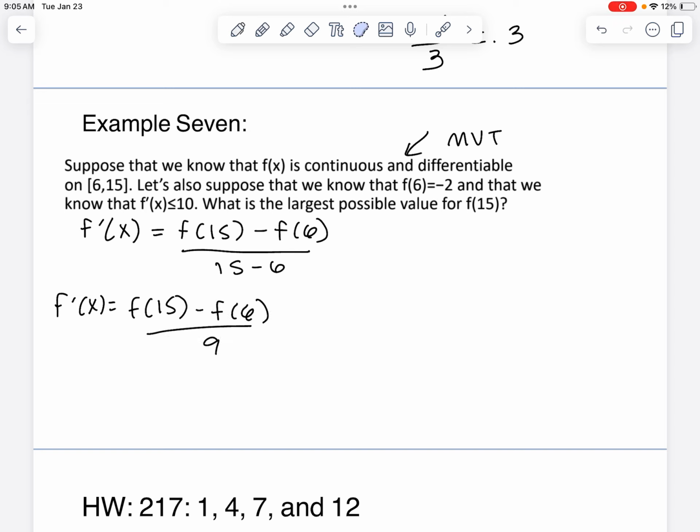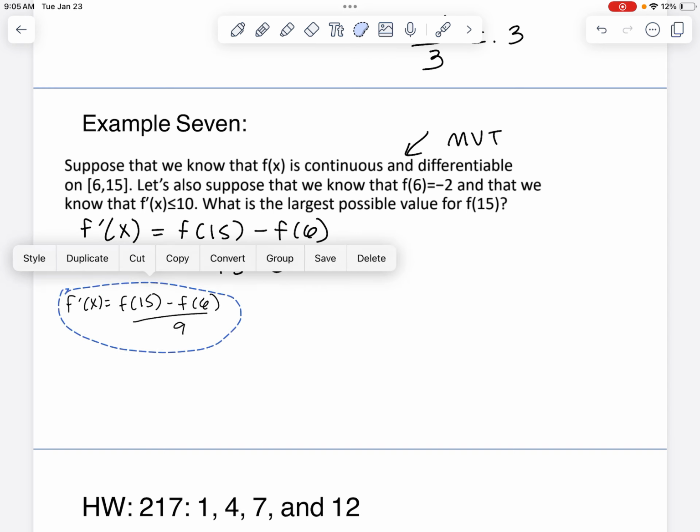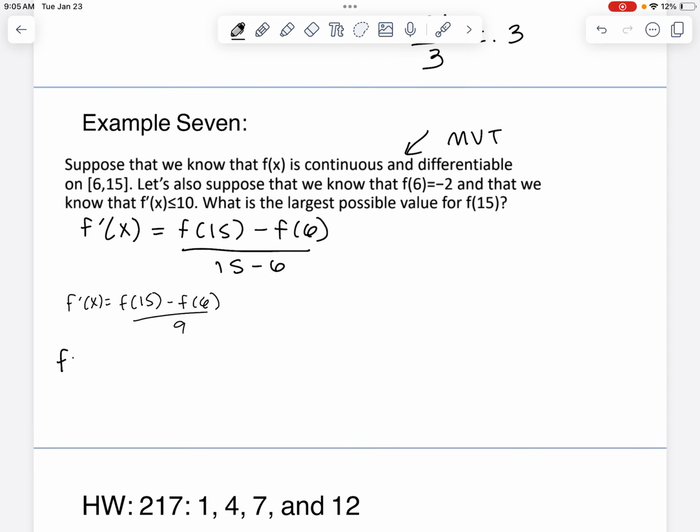So I know that this is true, okay? One other piece of information I know is that f prime of x is less than or equal to 10. Okay, so I know that that piece of information is true.